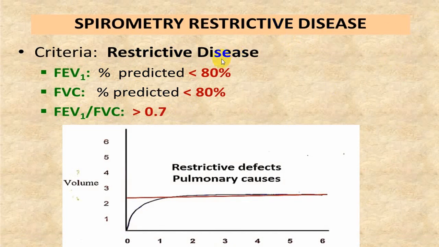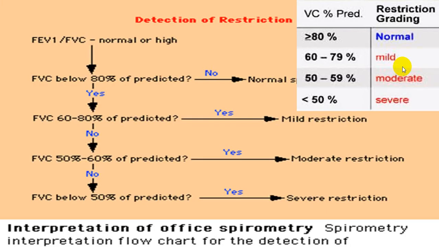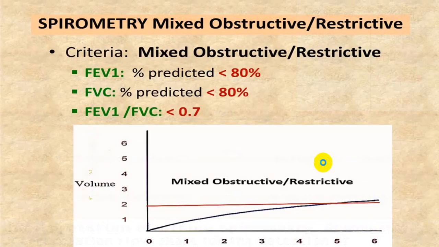But these two will be slightly reduced, both less than 80%. So if FVC is less than 80, it is more in favor of restriction. 80, 60 and 50. Less than 80, mild. Less than 60, moderate. Less than 50, severe. As far as the restrictive element is concerned.